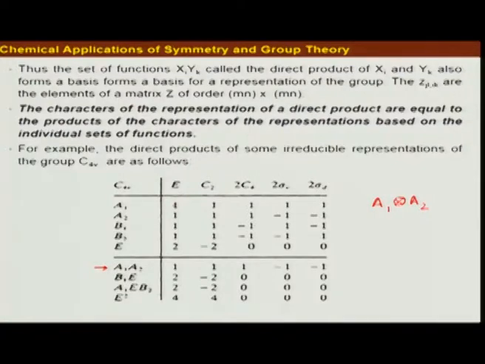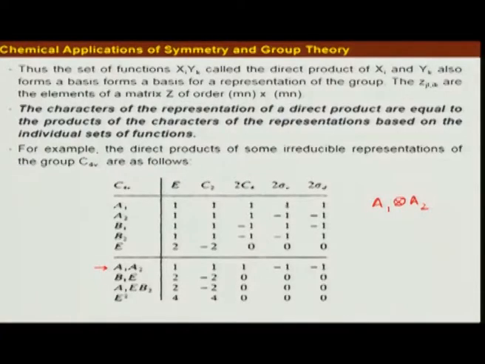For example, for the direct product of A1 and A2, I take the product of this character and this character, both corresponding to the same symmetry operation E, but we will not have any crosstalk between them. After this one-to-one product, we get another representation. So we get this here.